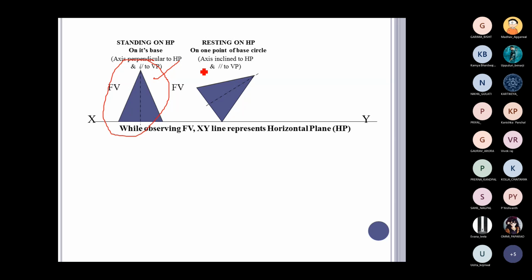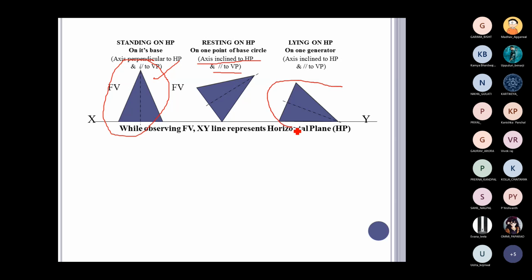In this case, the axis is inclined to HP and parallel to VP. The next scenario is lying on HP, where the object lies on any inclined surface, and the axis is inclined to HP and parallel to VP. So these are three scenarios which can happen in the case of solids.